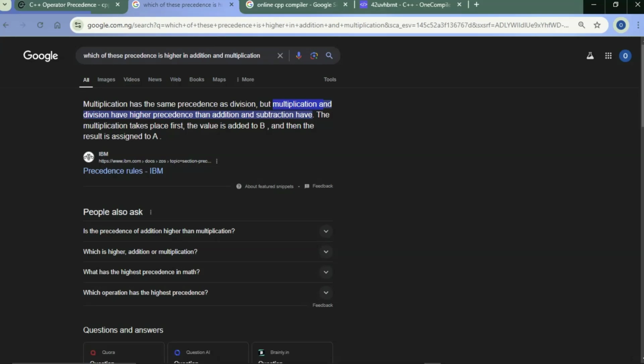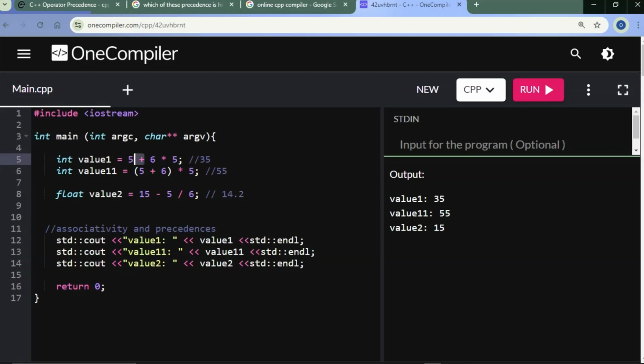When we go to the definition, it says multiplication and division have higher precedence than addition and subtraction. So what the compiler does is that it multiplies 6 times 5, which gives us 30. After that, the compiler adds 5 together with 30 and gives us 35.